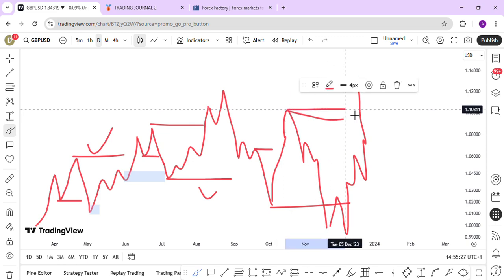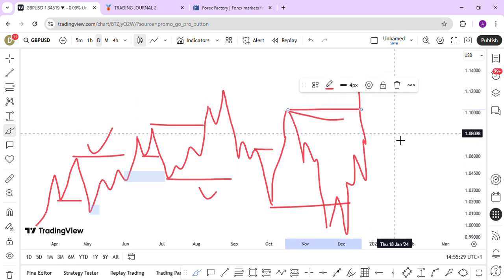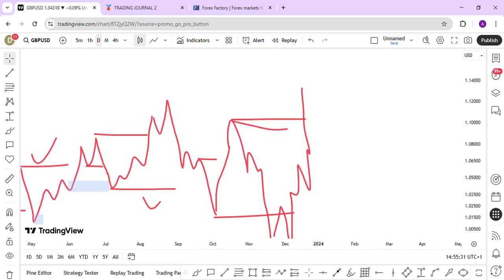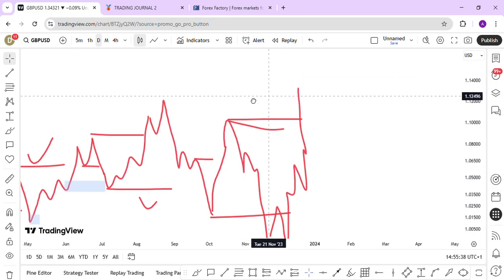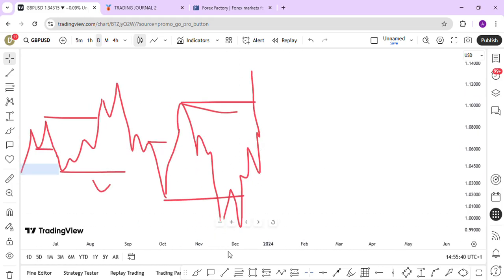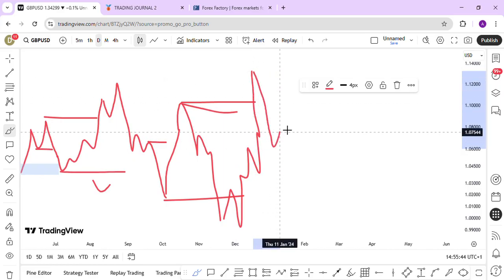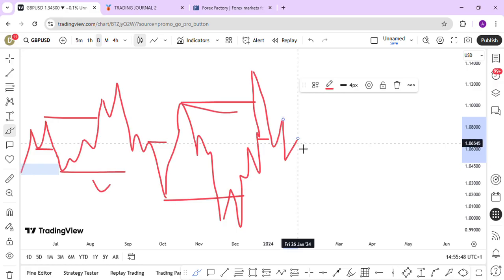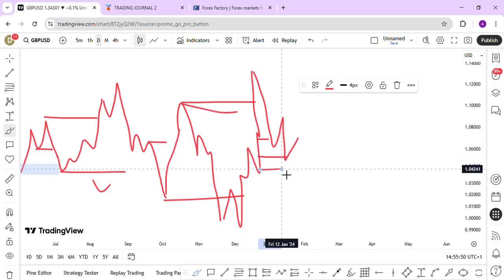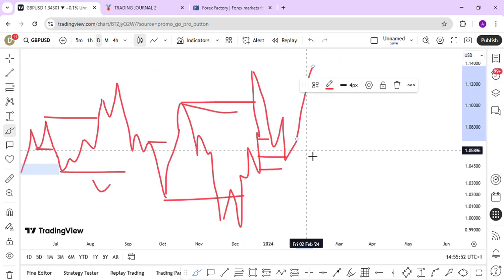Probably the market will create another inducement, or if it doesn't, it means the market will need to come down to this level, because this might be our last pullback, then probably mitigate something here, then we continue looking for buy.